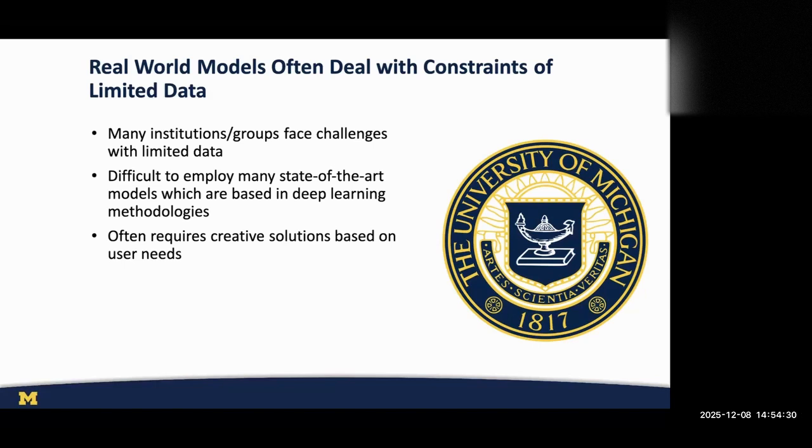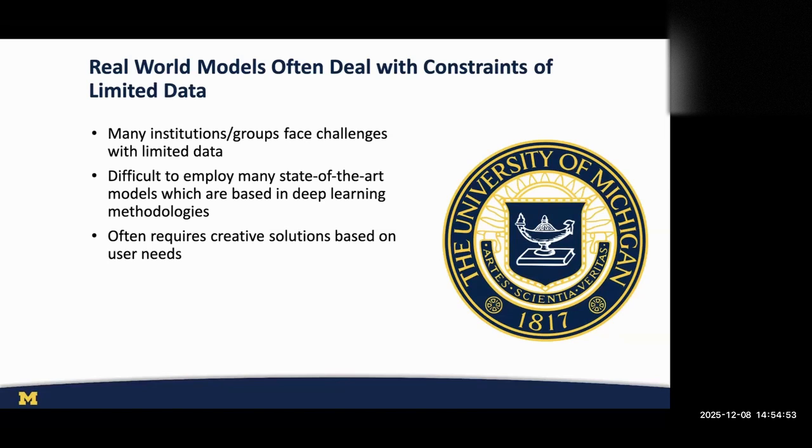When we actually go to work with different hospitals or clinics, we tend to face this issue where they cannot really provide us a lot of data. Sometimes we have, for example, less than 100 or even less than 30 data points. That means it's difficult to employ a lot of these state-of-the-art models.